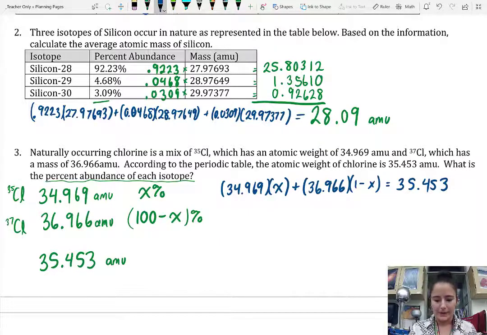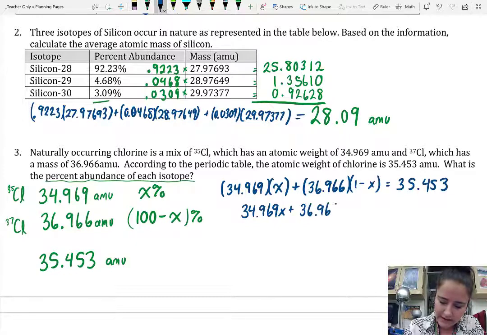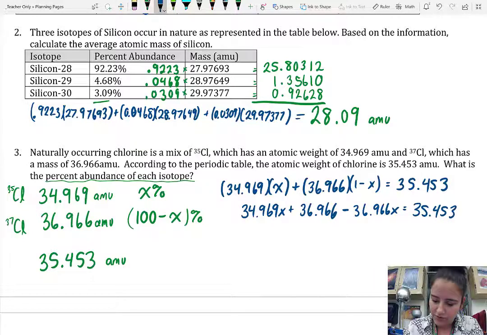And then it just becomes an algebra problem. 34.969x plus 36.966 minus 36.966x equals 35.453. Combine like terms, so we have 34.969x minus 36.966x. And I got a negative number, but that's fine. It'll go away.